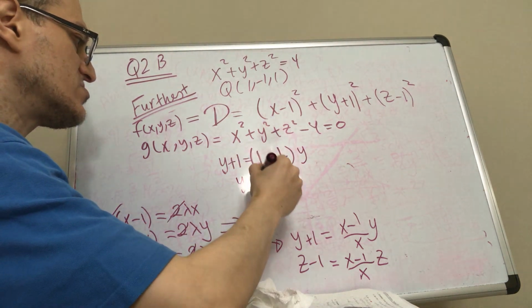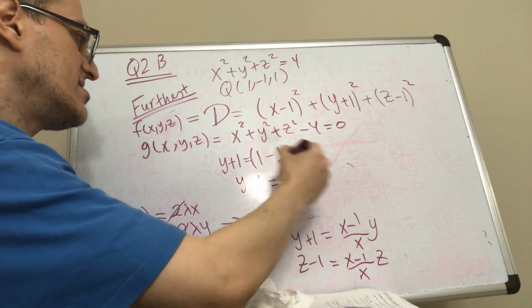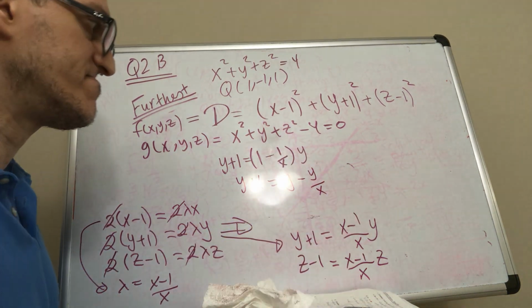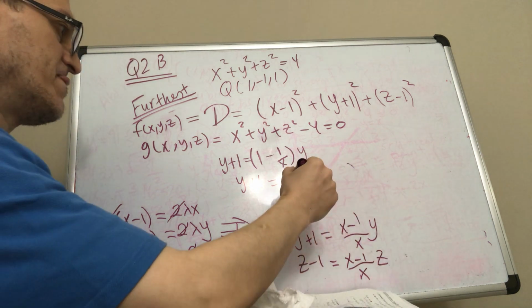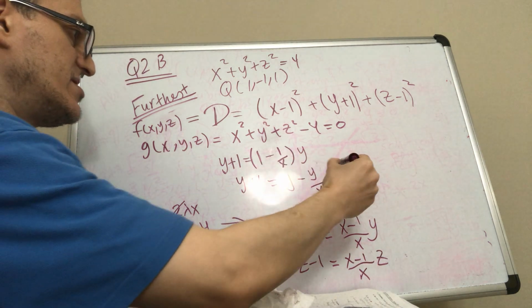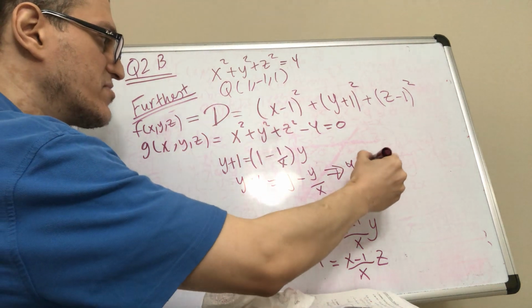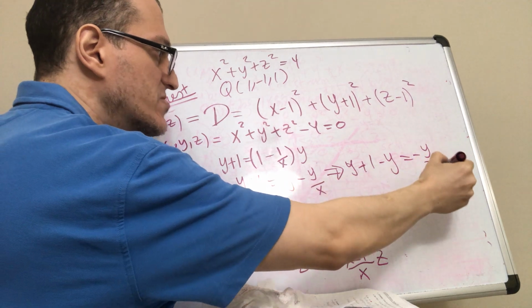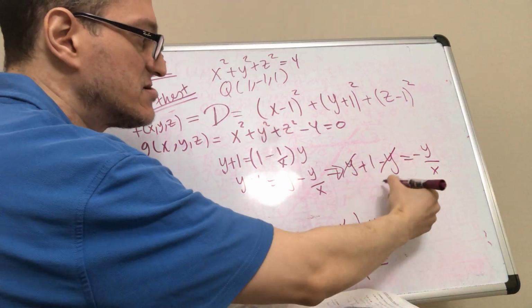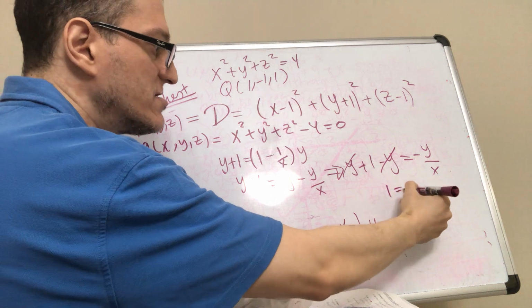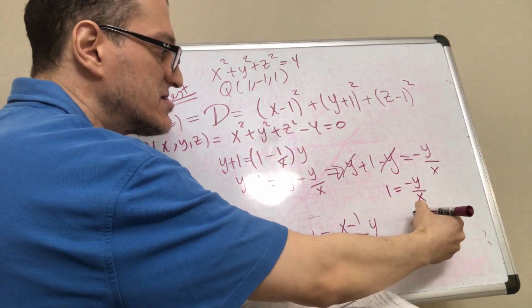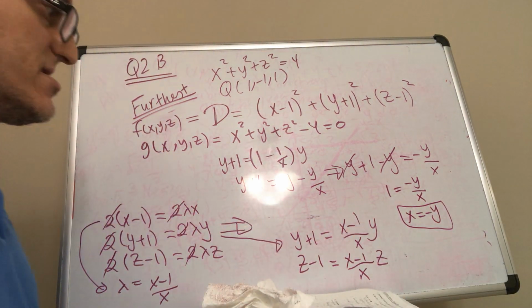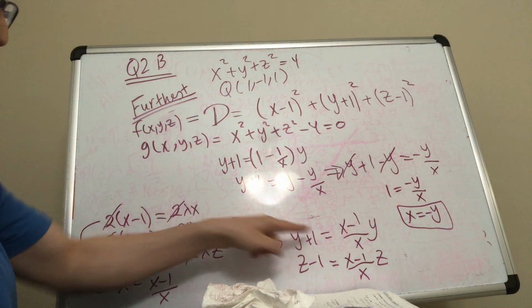So y plus 1 equals, taking this inside, y minus y over x. Bring the y over, so you have y plus 1 minus y equals negative y over x. So 1 equals negative y over x, so x equals negative y. That's from the first equation.